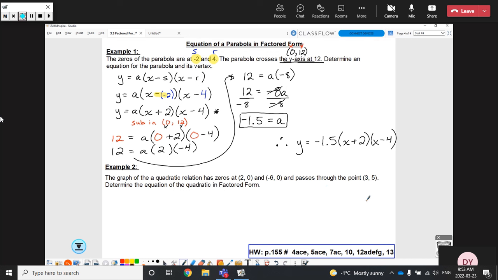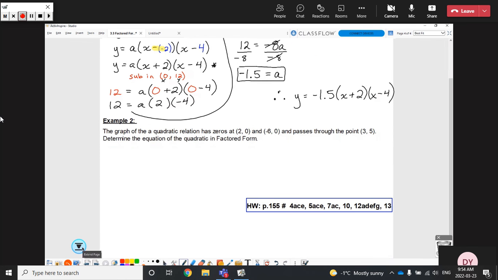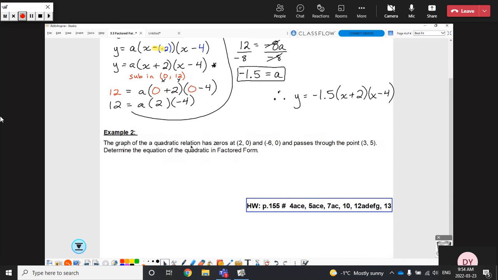Now I know it said it wants the vertex, but I think just for the sake of time, I'm just going to cancel that out, because I know once you're given this type of thing, we're just doing exactly what we've already done in this lesson. Okay, you know what, actually? I think I'm going to scrap this one. I'm going to scrap this question, and we are going to get the vertex of this instead. Because this is quite literally the same thing as the one above. I think I like that better.